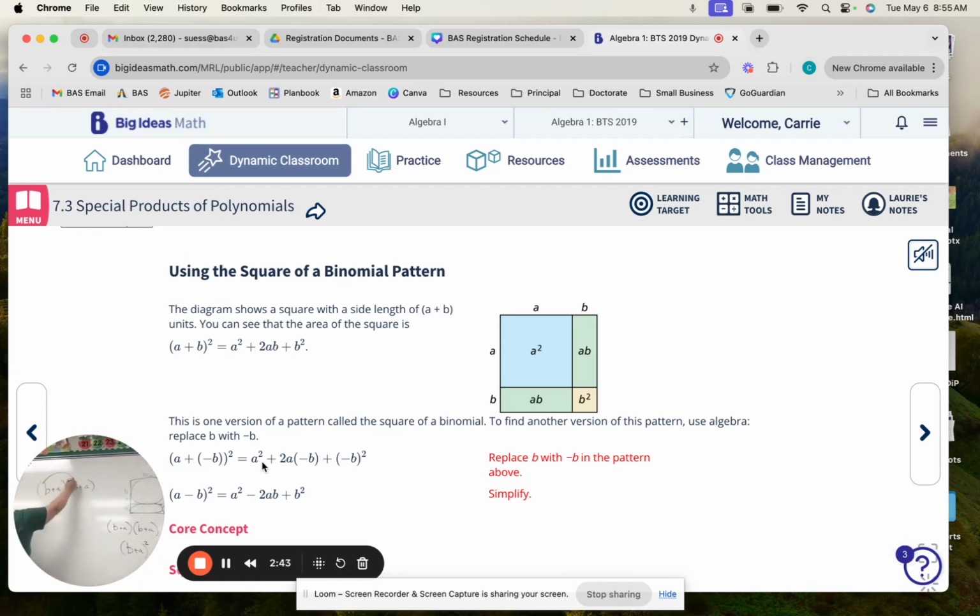So this would be b times b, b times a, which is just ab, a times b, which is just ab, and then a times a, which is a squared. Does that look like the same thing they have there? Sure. We can simplify this middle. If I have an ab plus an ab, then I have 2 ab's.